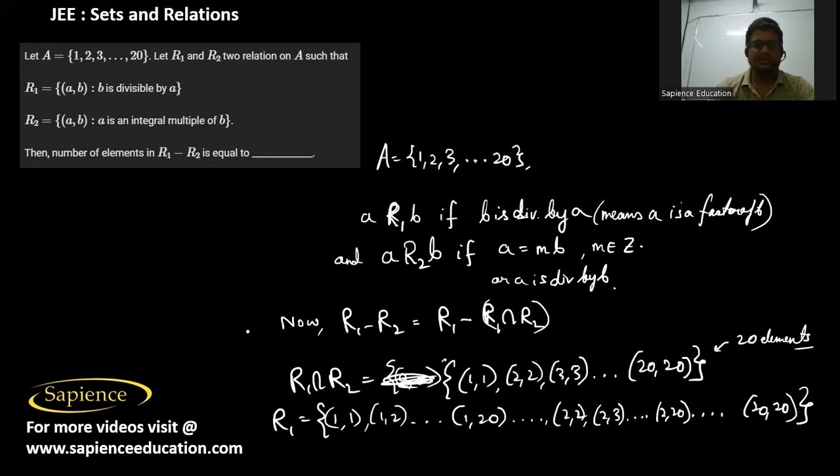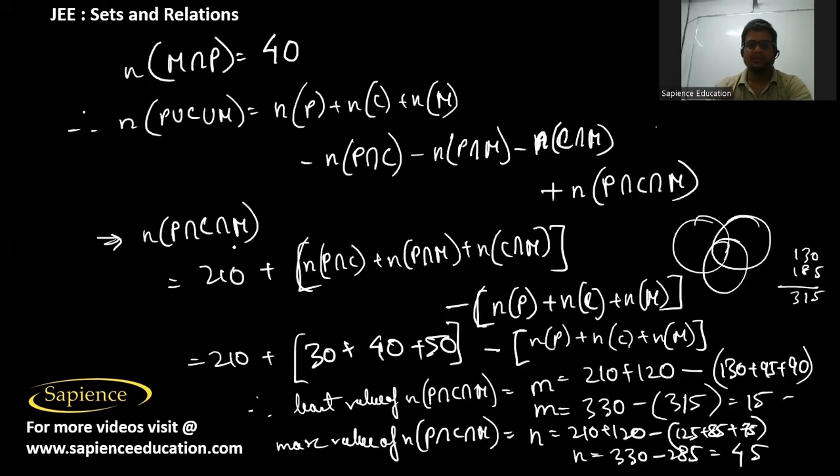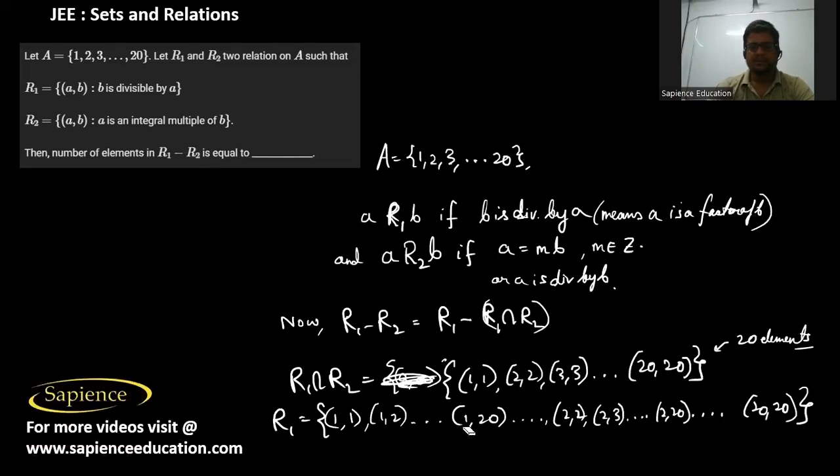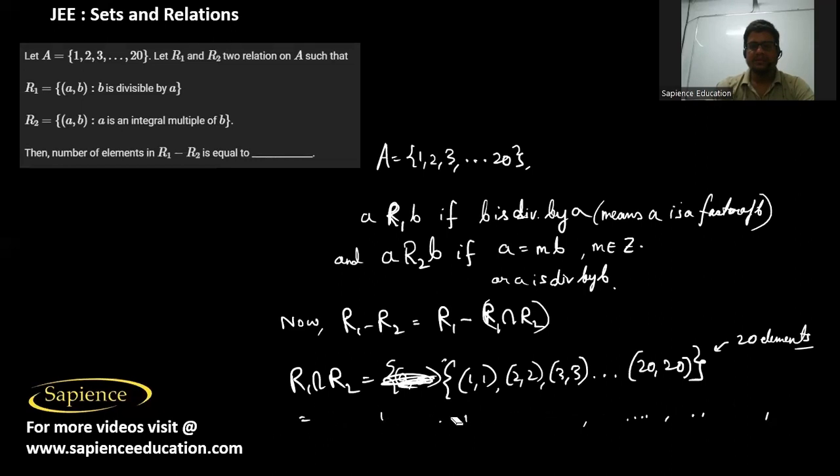Sorry. There is something wrong here. Actually, 1 is related to 1. So for 1 there are 20 elements: 1, 1, 1, 2 until 1, 20. But 2 will be related to only even numbers.